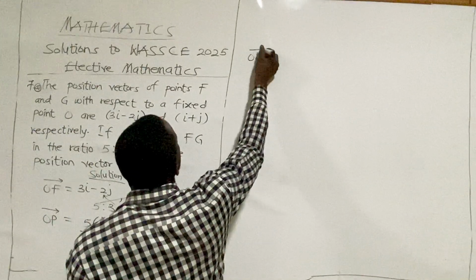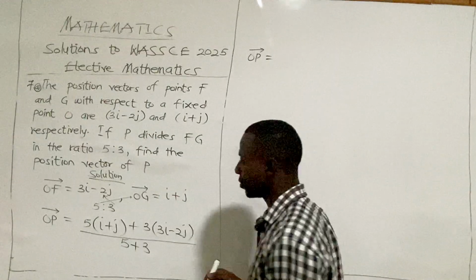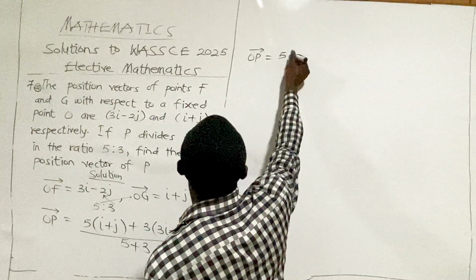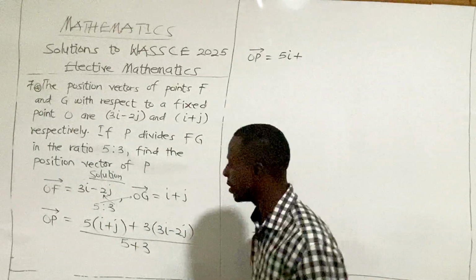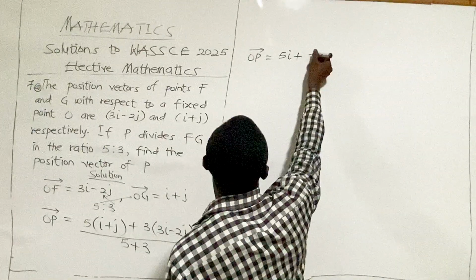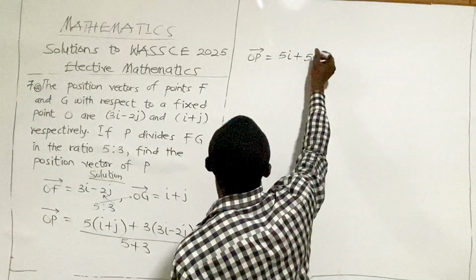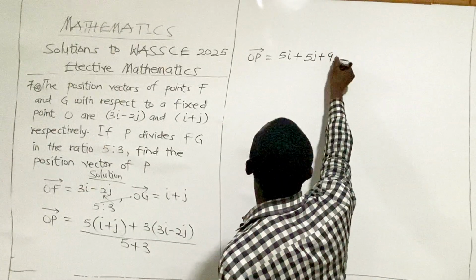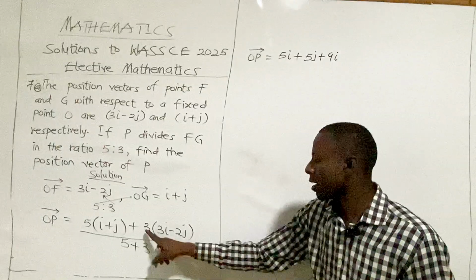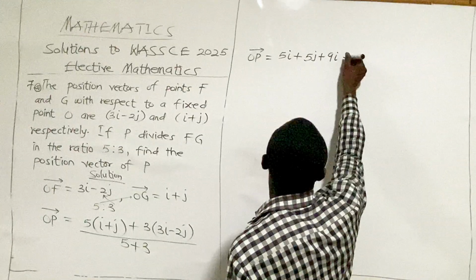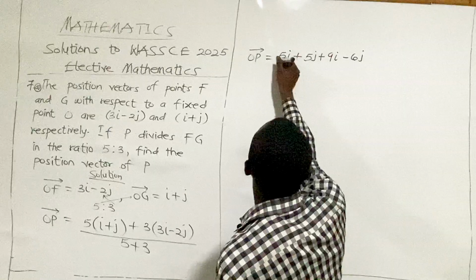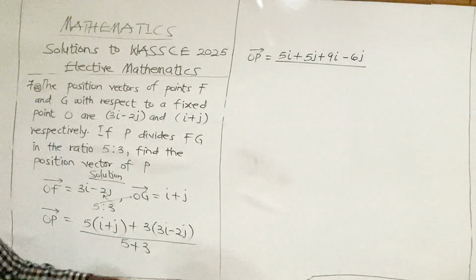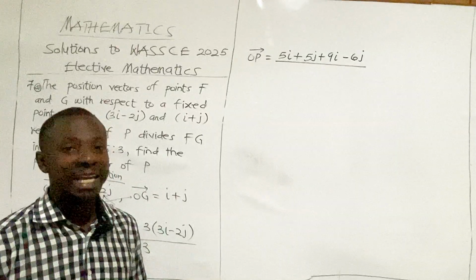So we have position vector OP is equal to 5 times i, we have 5i, plus 5 times j, we have 5j. Then 3 times 3i, we have 9i. Then 3 times negative 2j, we have minus 6j, all over 5 plus 3, we are getting 8.